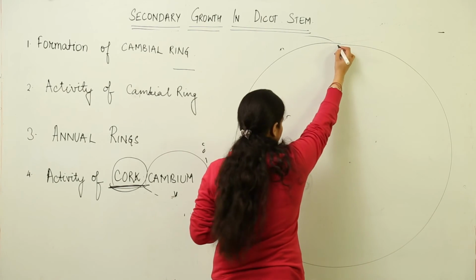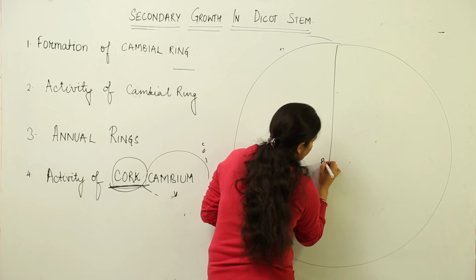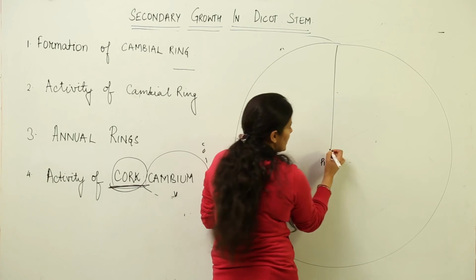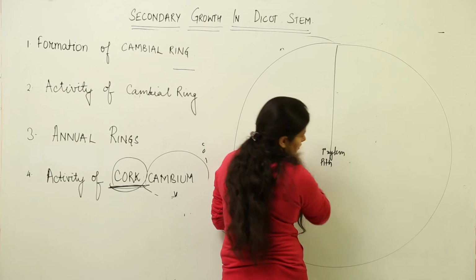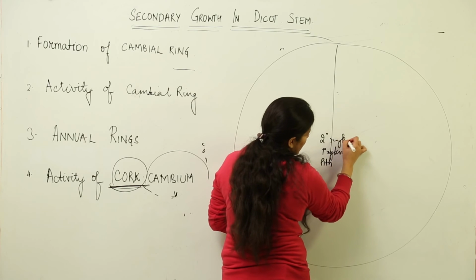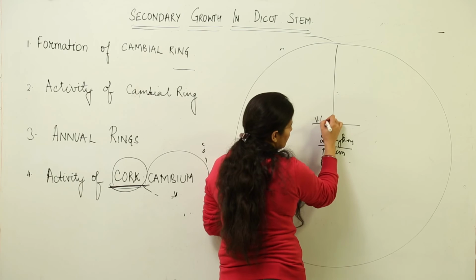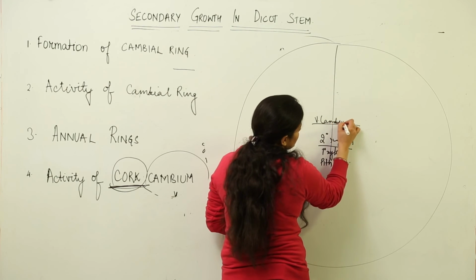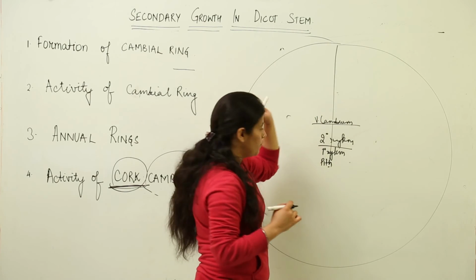See, we have to start from here and reach till here. Let this be the center part. This is highly reduced pith. Then we have the primary xylem, which is also highly reduced. Then we have the secondary xylem, which occupies maximum space. Then we have the vascular cambium, which gave rise to secondary xylem. This is the central part. We are traversing the radius of a tree trunk.